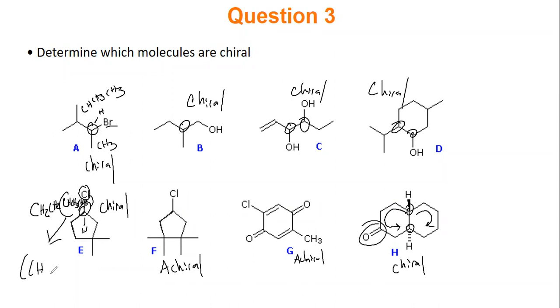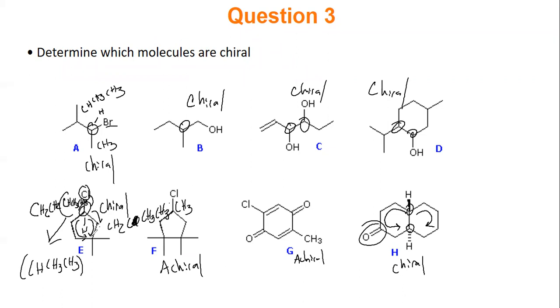So that direction is CH, CH3, CH3. If I go the opposite direction, it goes CH2, then, oh, there is no CH. That's just carbon. I don't know how to count. CH3, CH3, then CH2.